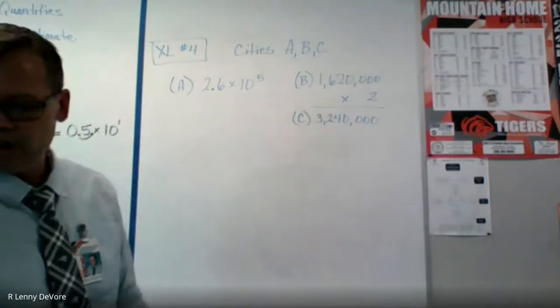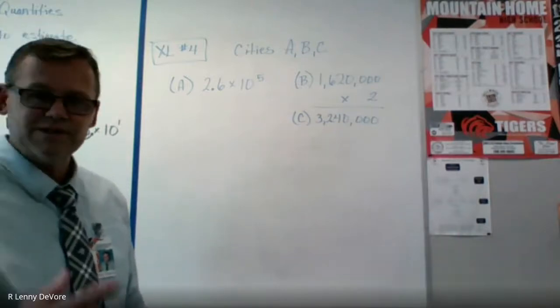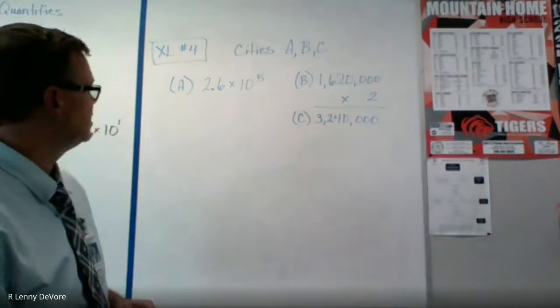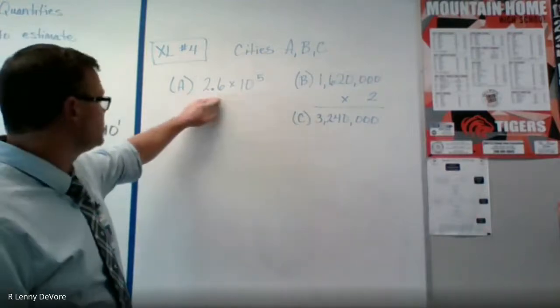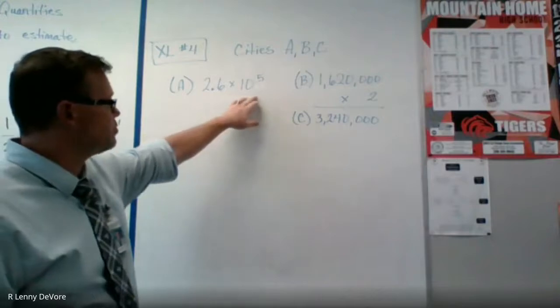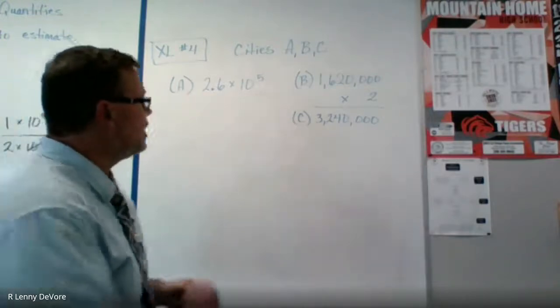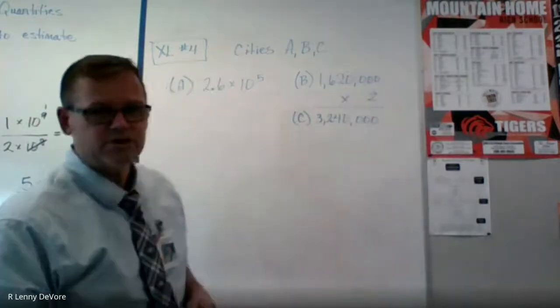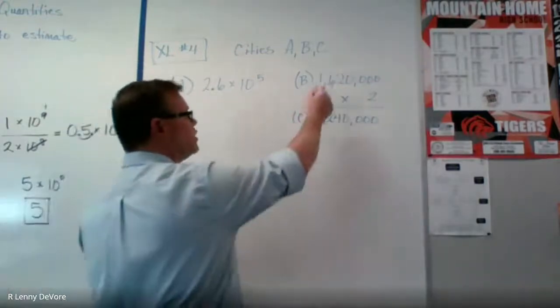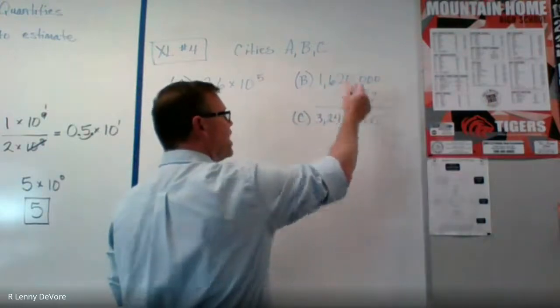So what they're talking about here is that there are 3 different cities: cities A, B, and C. Now with A, they give it to us in scientific notation. It's 2 and 6/10 times 10 to the 5th power. In B, they give it to us in standard notation. That's what's known as standard notation, which is 1,620,000.